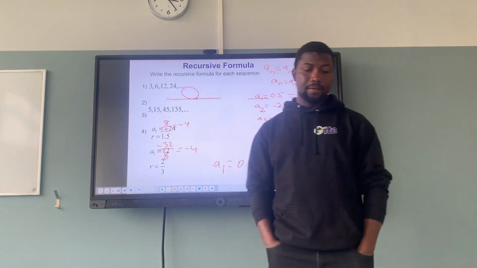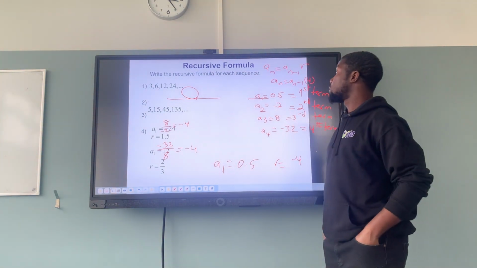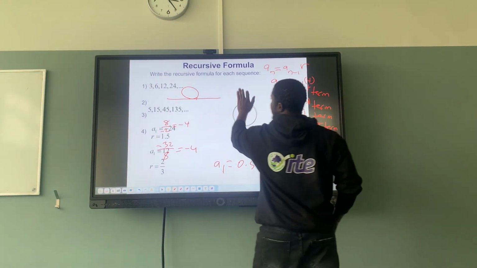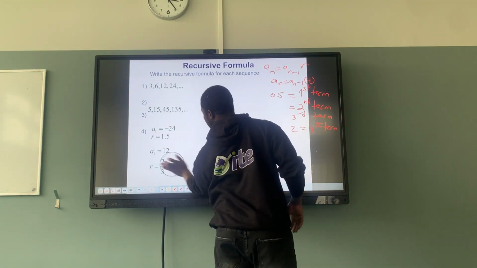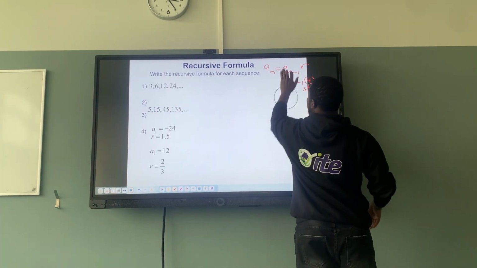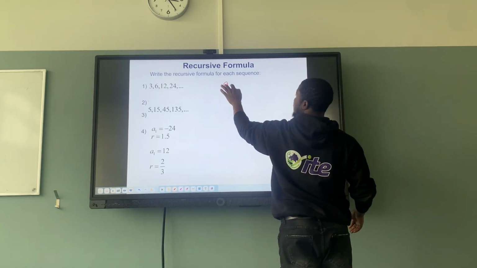So always you will need to find the first term and the common ratio in order to be able to write the recursive formula. Find the first term, find the common ratio, and then write the recursive formula.